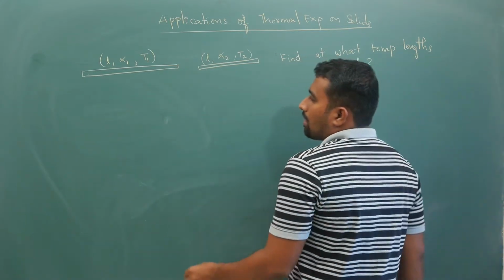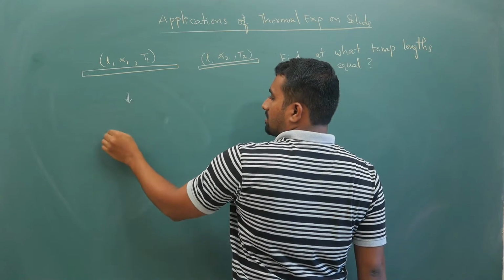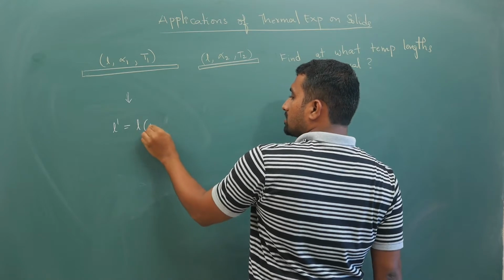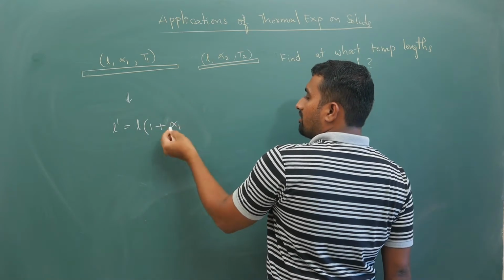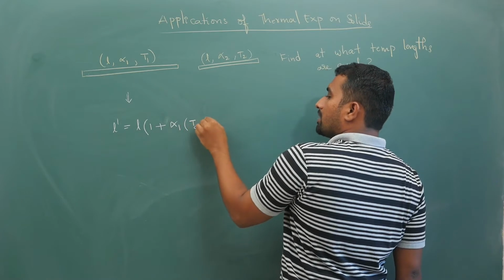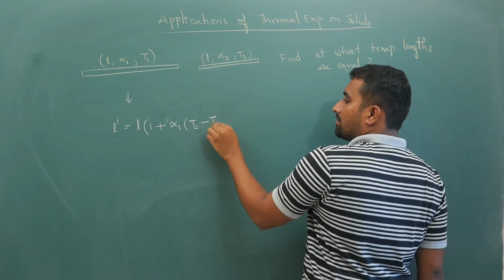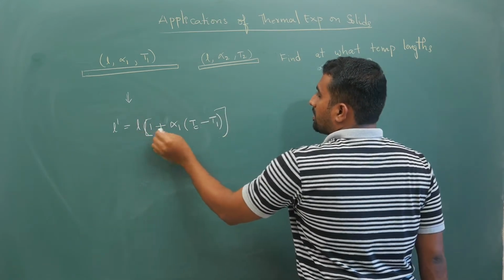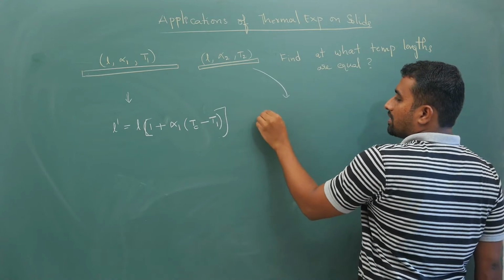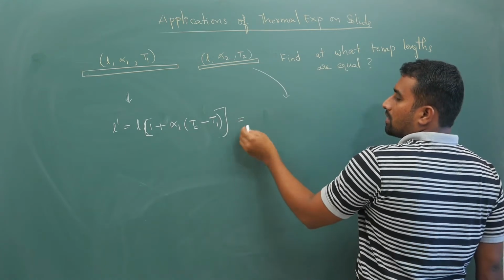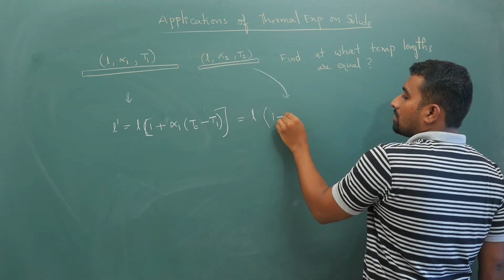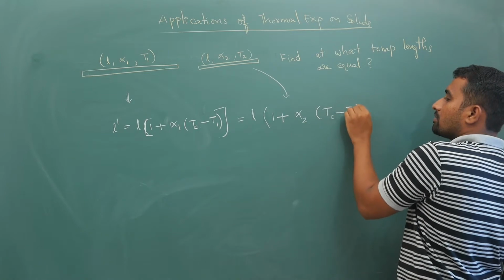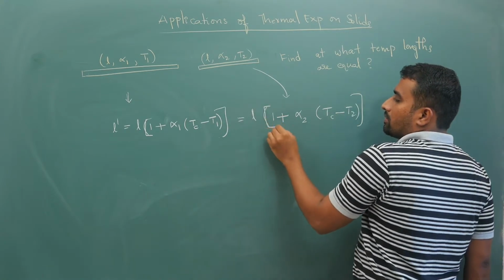After heating, this is L dash. L dash is L times 1 plus alpha 1 times the common temperature T minus T1. This is the final length of the first body. The final length of the second body is equal, so this becomes L times 1 plus alpha 2 into common temperature minus T2. Now we have to solve this.